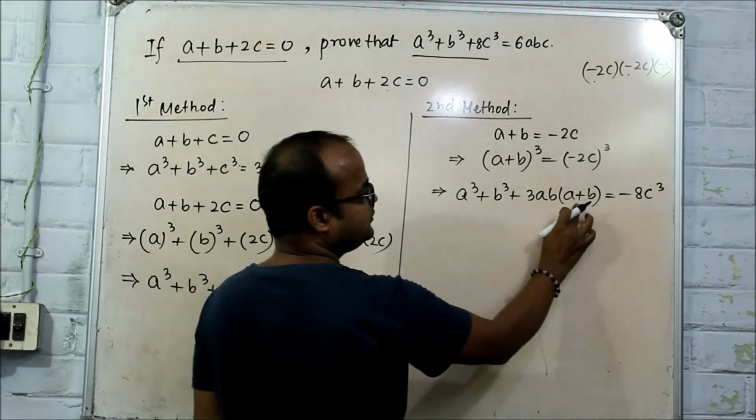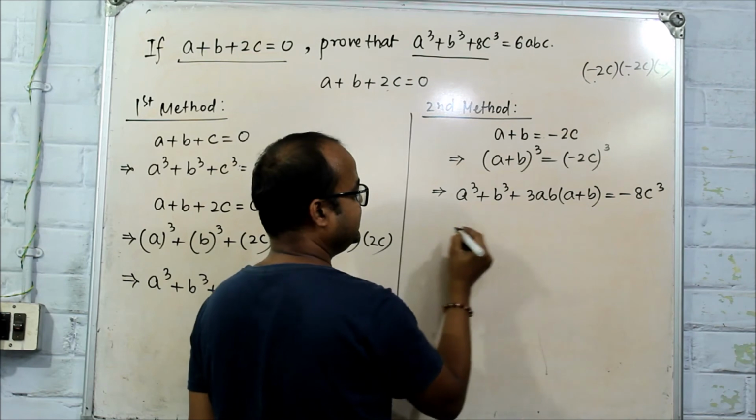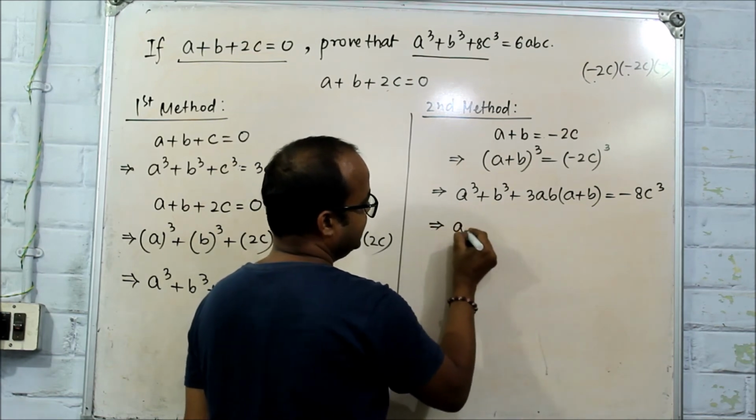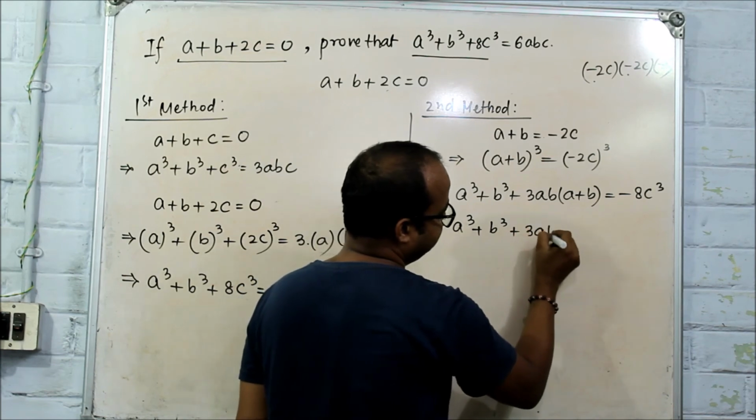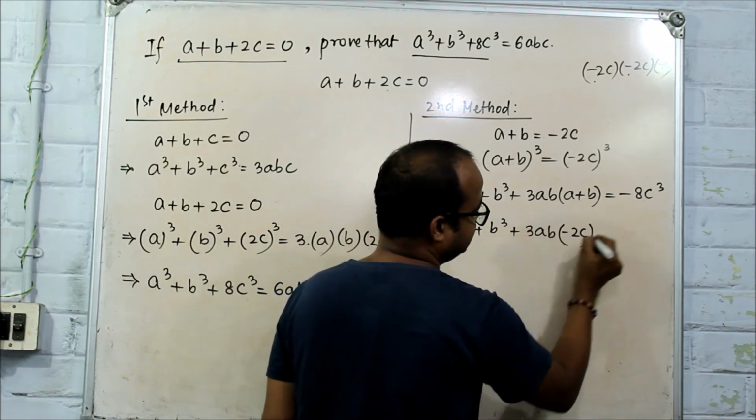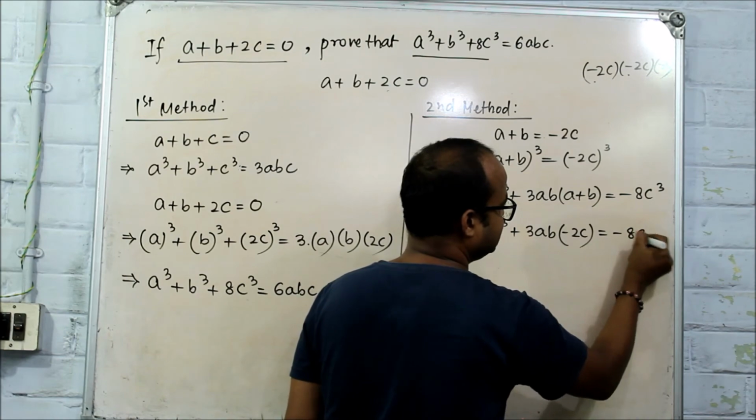Now in place of a plus b we write minus 2c. So it implies a cube plus b cube plus 3ab multiplied by minus 2c is equal to minus 8c cube.